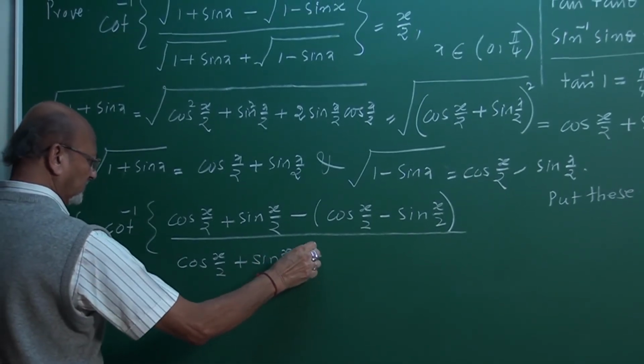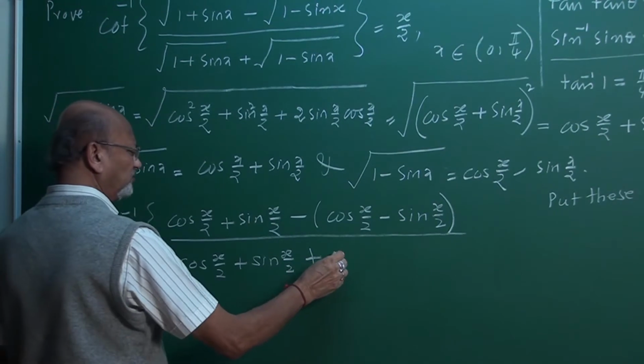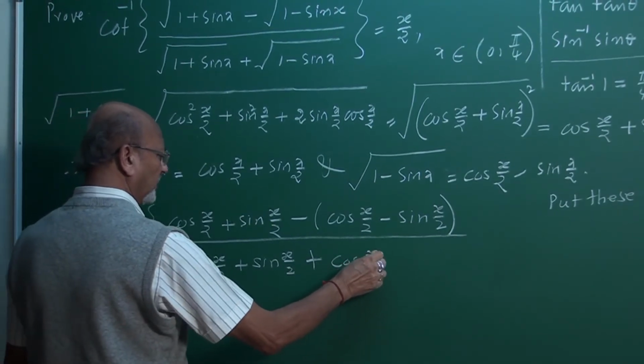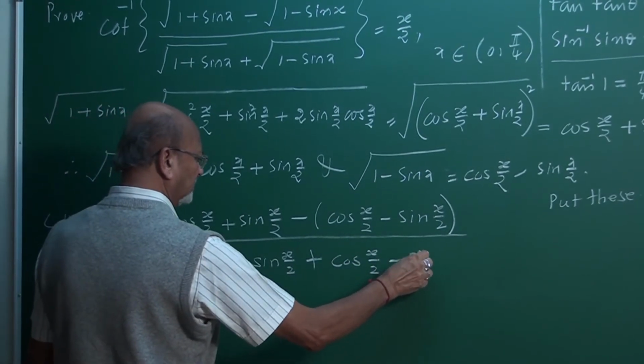It is plus here, so no need to use a bracket. Minus sin x by 2.